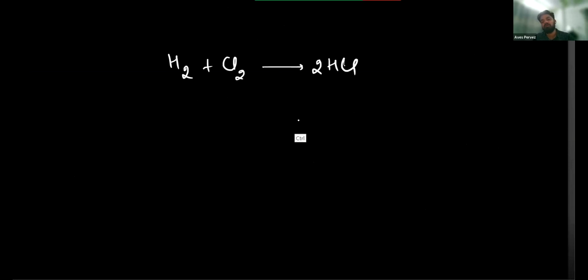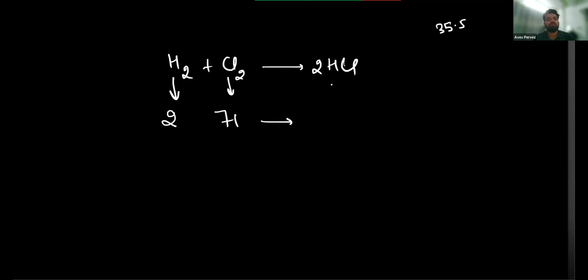So what is the mass of 2 hydrogen atoms? 2 grams. One chlorine atom has mass 35.5, so two chlorine atoms are going to have 71 grams of mass.